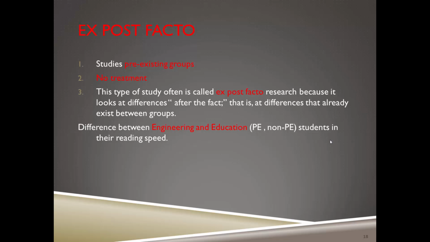Or if you compare graduates of College of Engineering with the graduates of College of Education, that's not experimental research, because you are just using intact or pre-existing groups, and you cannot claim any kind of cause and effect relationship in these examples.